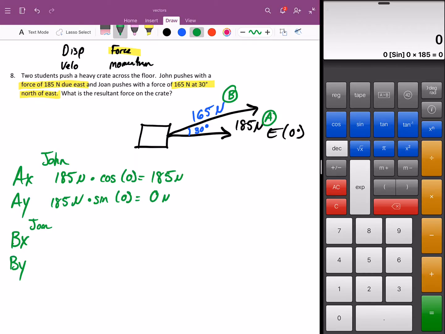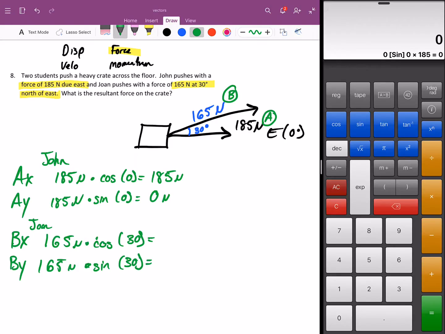Now let's go with Joan. She's producing a magnitude of 165. Her angle, 30 degrees. So for both cosine and sine, 30 degrees.